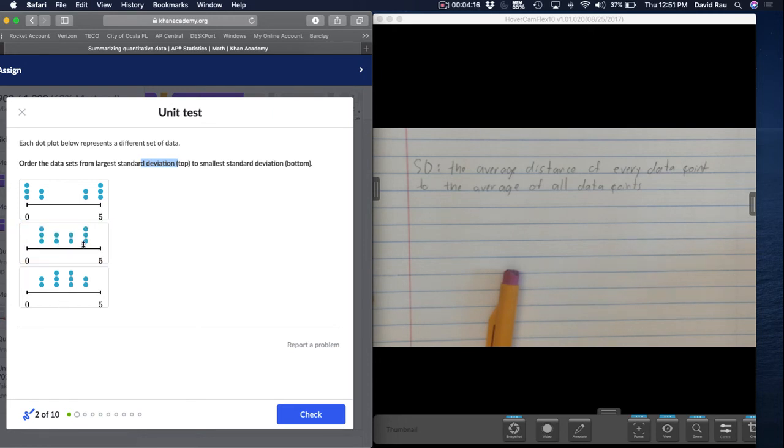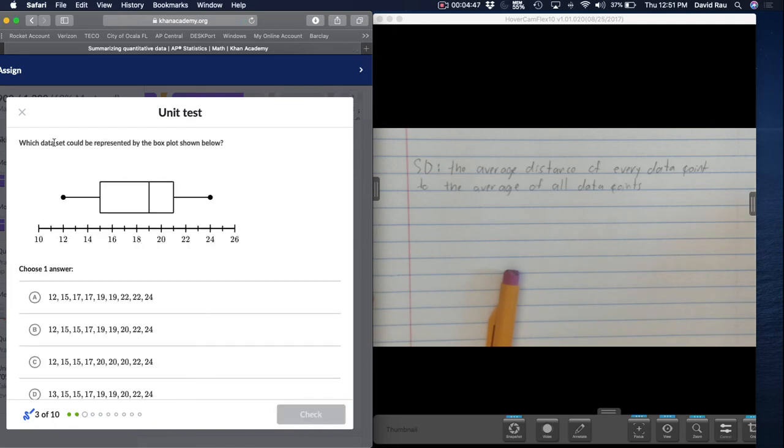This one has 3 data points to the left and to the right of the mean that are furthest away, and this one has the most data points closest to the center, the mean, and that means it's going to have the smallest standard deviation. So the further away all your points are from the average, the larger the standard deviation. The more data points that are closer to the average, the smaller the standard deviation will be.